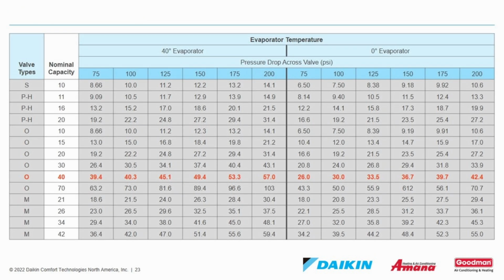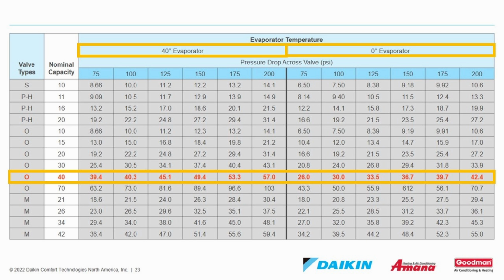By using this chart, looking across the top, I've highlighted 40-degree evaporator and a 0-degree evaporator. At the nominal tons of the TXV, I've highlighted the line for 40 tons.